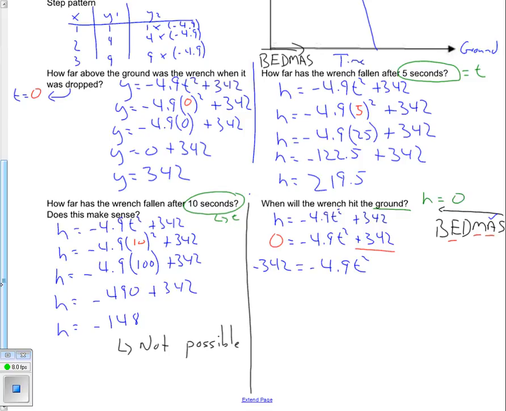Negative 342 divided by negative 4.9 is approximately 68, which is equal to t squared. Then I find the square root of that, which is approximately 8.4 seconds. So time is going to equal approximately 8.4 seconds. The wrench is going to hit the ground about 8.4 seconds after it was dropped.